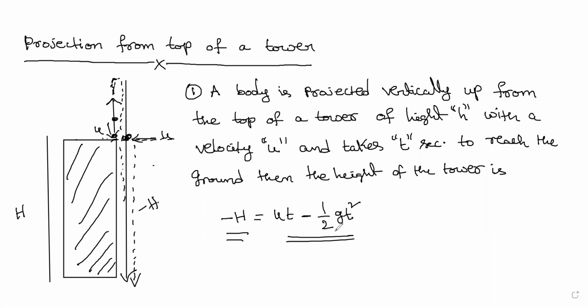So this is what you are going to get. The equation, it seemed wrong, but correct only, the minus ut is given. So you will get h is equal to minus ut; if you take the negative signs, you will get minus ut plus half gt square. This is the height of the tower.